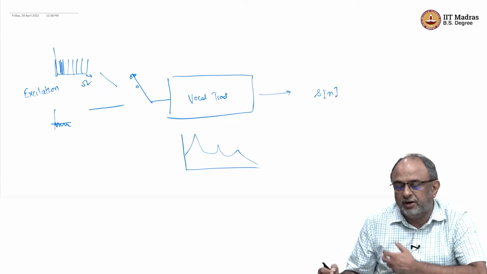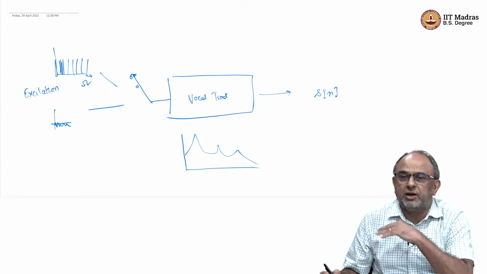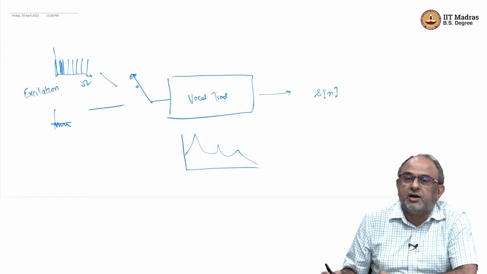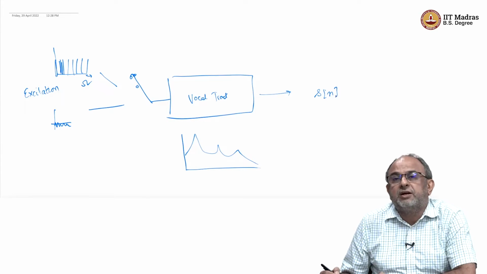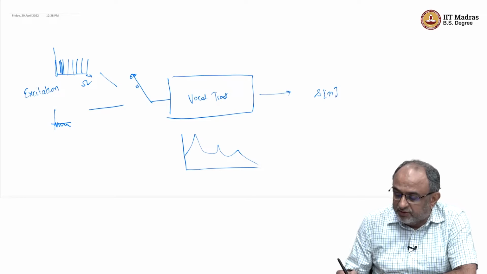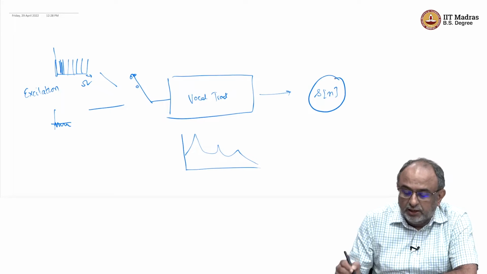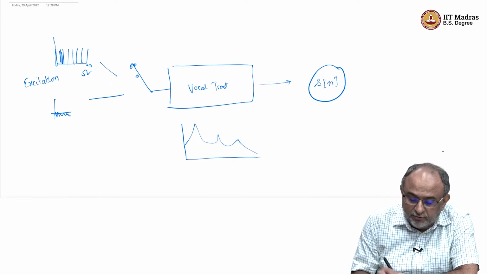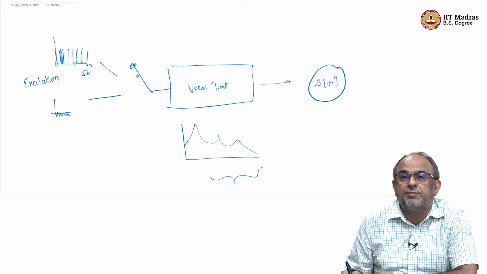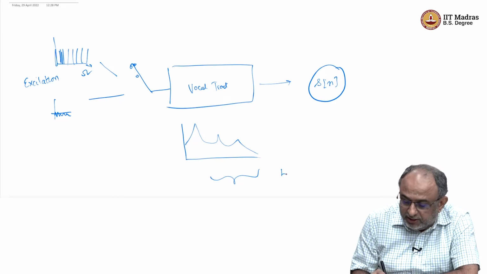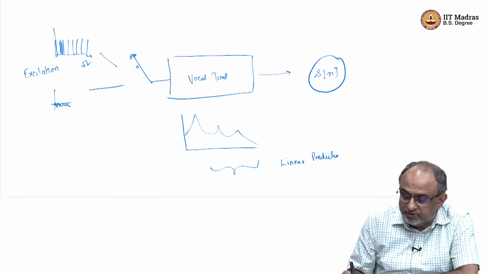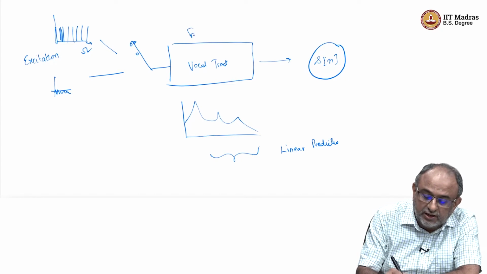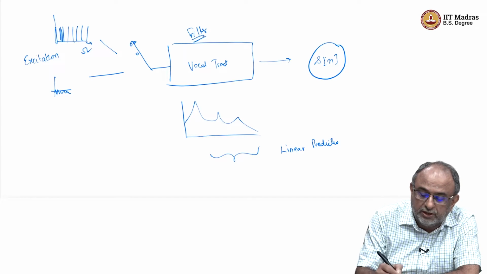If I digitize it, including sampling and quantization, I get a digital signal s of n, and I can analyze this. One of the things is that this speech signal can be very well approximated by something called linear prediction. This is basically like a filter, which we have talked about many times.